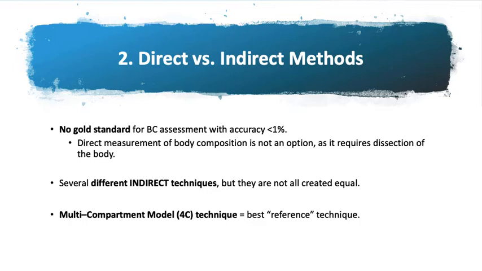You're splitting your body into 4 compartments only, which really simplifies the body because, as we know, we are extremely complex and we've been designed with multiple compartments and different types of tissue. So although this method is considered the best laboratory reference technique, it is still limited.